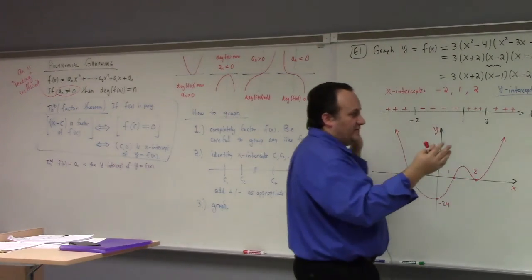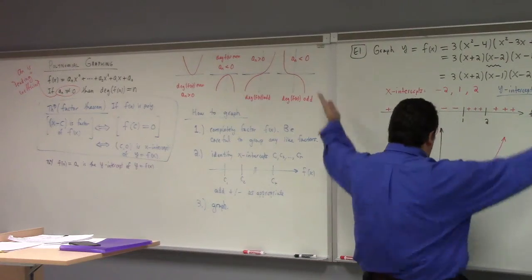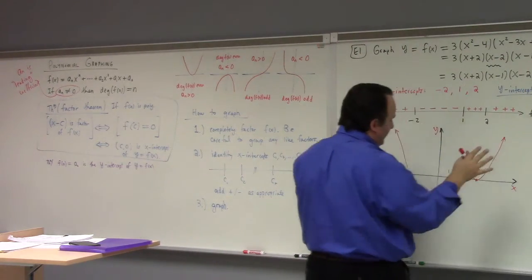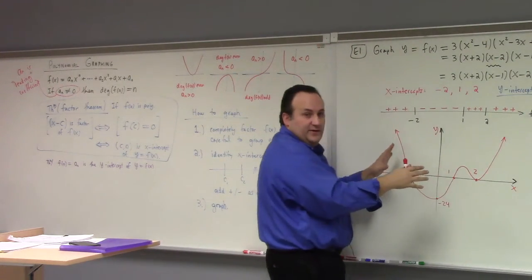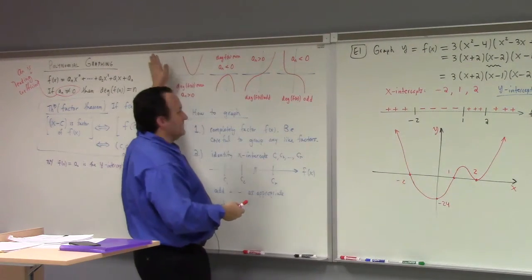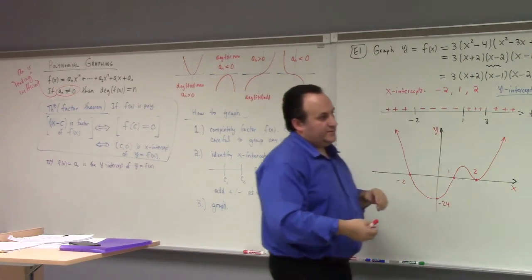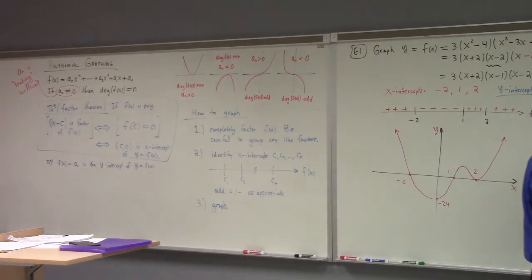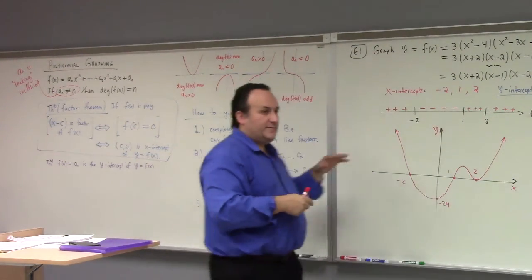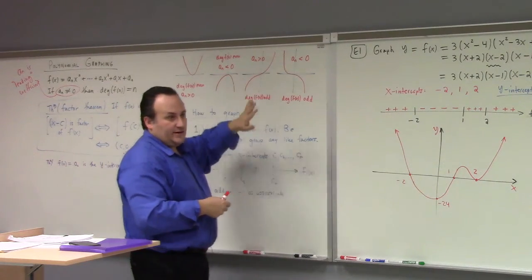What did the big picture of the graph look like here? Notice, if you were way away from this, you wouldn't see all these wrinkles. It would just look like a big bowl going up. It would look roughly like this, because it's an even power with a positive coefficient. This one here is an odd power with a positive coefficient, so we expect the graph of example 2 to, roughly speaking, look like this. Okay?